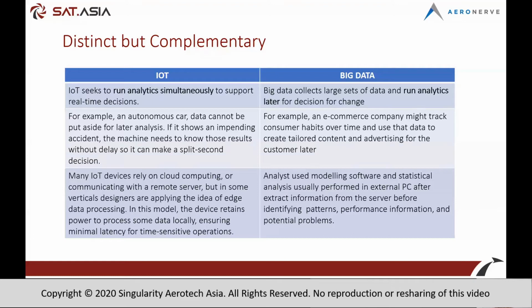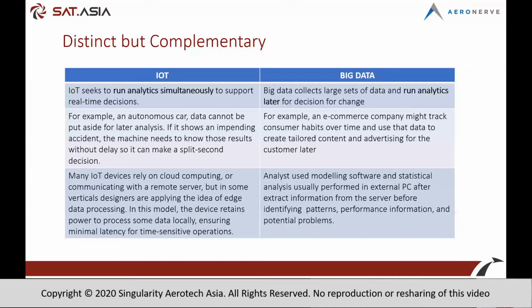Meaning you have sensors or a device that gives you data. Before you send the result to the cloud, you do the analysis there and then first. So you need some sort of capabilities in your device to be able to collate, make analysis, do prediction, and suggest corrective action, for example.